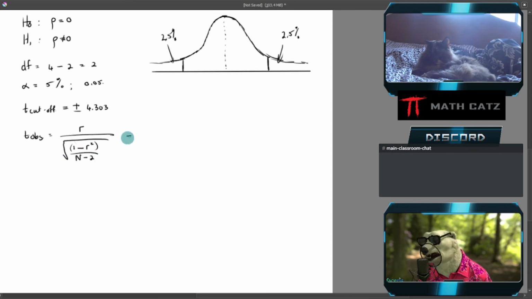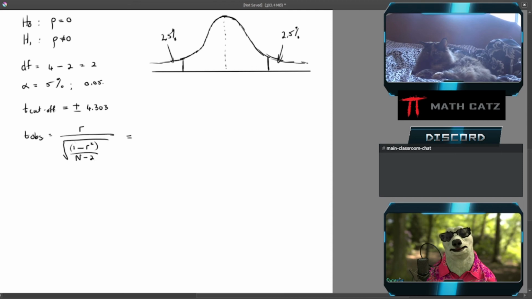So if I plug everything in, let's see what we get here. Carefully calculate that. Fraction first. So what is my r? I've used rounded numbers every time, so there's no reason to stop now: negative 0.98 divided by something much scarier looking, the square root of, first, 1 minus the correlation coefficient squared.